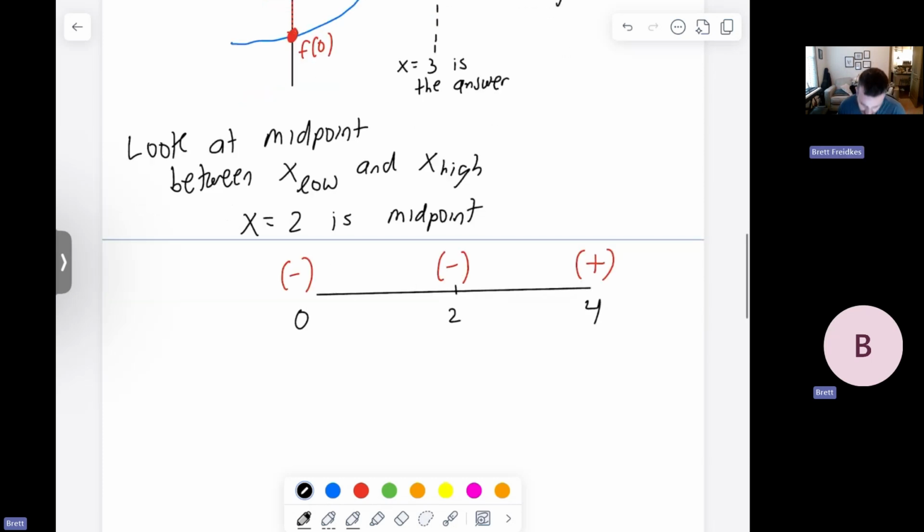So if I look at this picture where I have 0, 2, and 4, where's the root? Well, I already told you before that the root was at x equals 3. But if I'm just looking at the signs, if 0 and 2 both lead to negative function values, we didn't cross the x-axis, at least not that we're aware of.